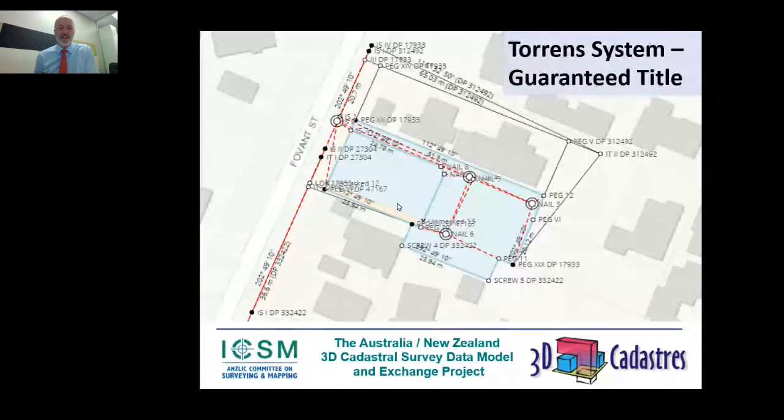And of course, for 3D rights, it's not quite the same because we don't peg 3D rights. Sometimes they're up in the air or under the ground, and sometimes they're in buildings where the building itself references where the boundaries are. But one of the principles of the systems, they're all different, but their foundations are the same.